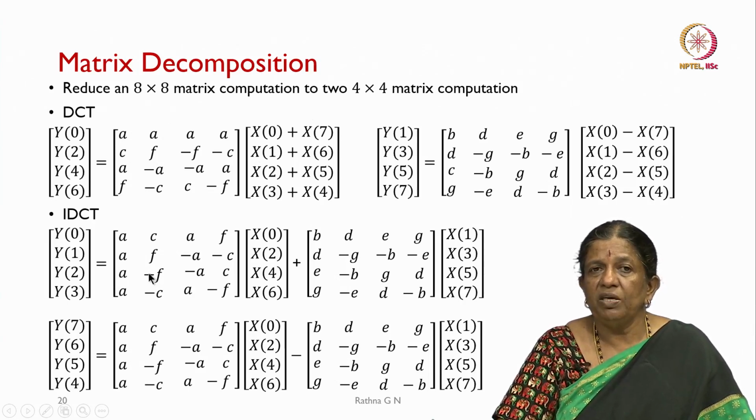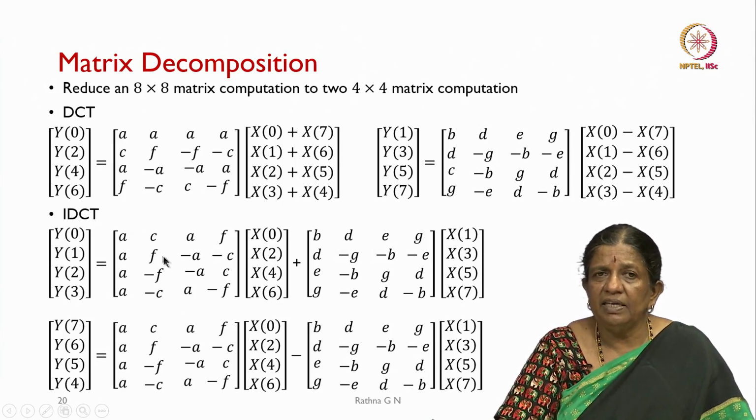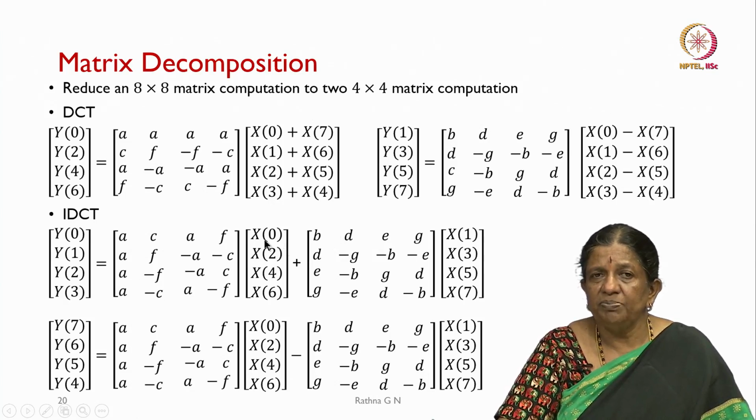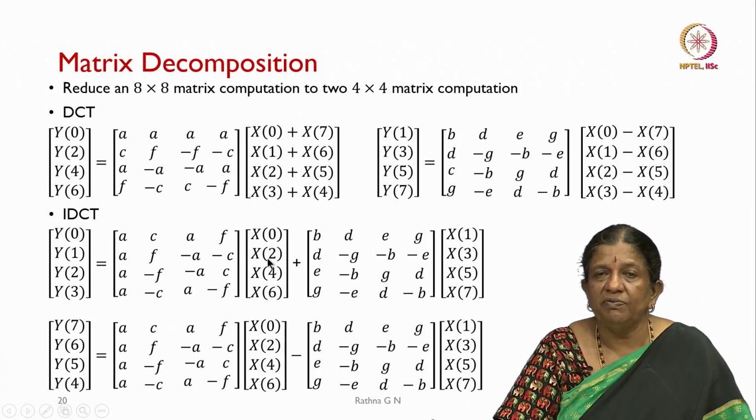So, how will you be using it? That is, y0, y1, y2, y3 is what you will be calculating. So, you will be using the ACF coefficients in the top portion, but you will be seeing that the input is going to be bit reversed, that is x0, x2, x4, x6, not completely bit reversed in this case.